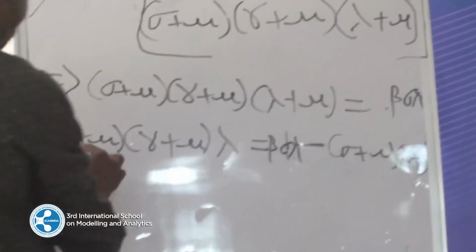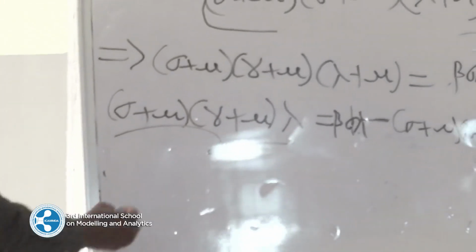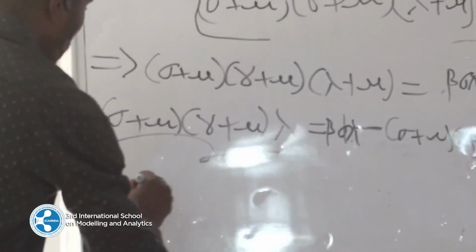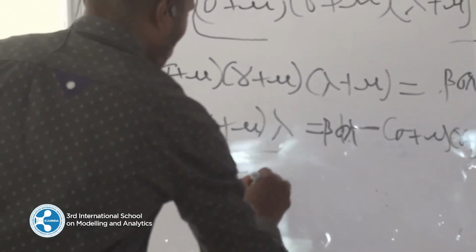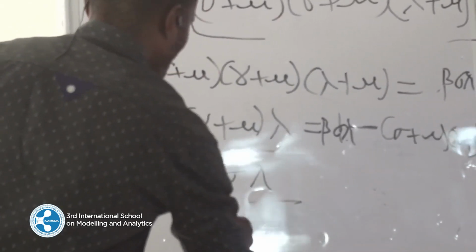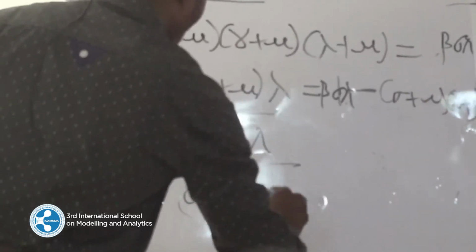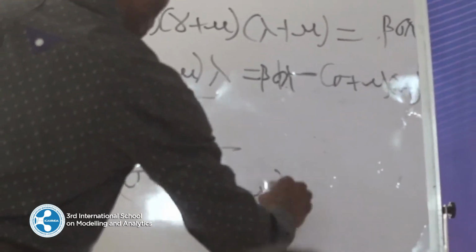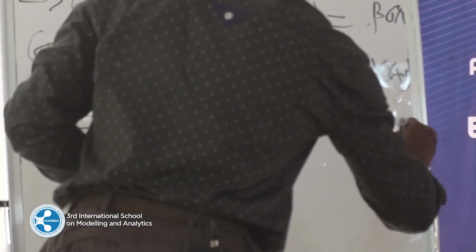I'm interested in making lambda the subject of the formula, so that lambda is equal to beta sigma lambda over sigma plus mu into gamma plus mu, minus sigma plus mu into gamma plus mu, over sigma plus mu into gamma plus mu.